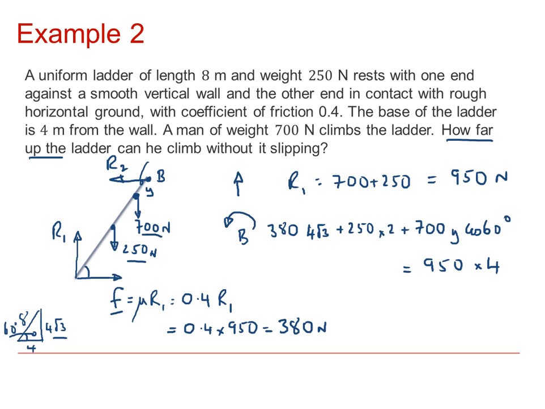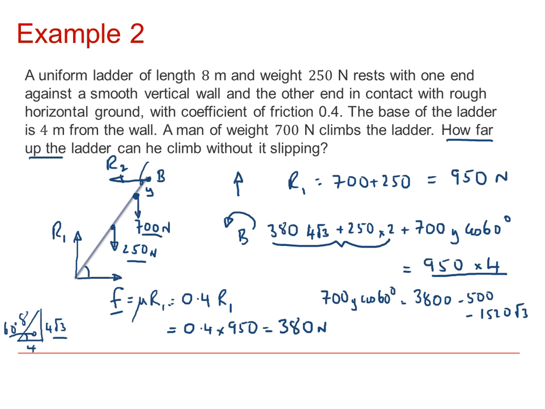Now if we rearrange that, we can see that 700 y cos 60 must be equal to 950 multiplied by 4 and then minus these two values. So that is equal to 3,800, which is 4 multiplied by 950, minus 500, and then minus 4 times 380, which is 1,520 root 3.